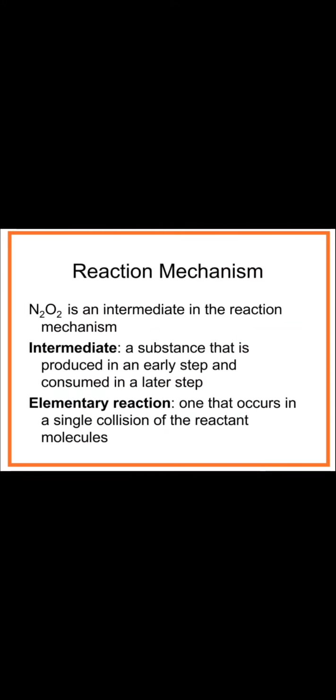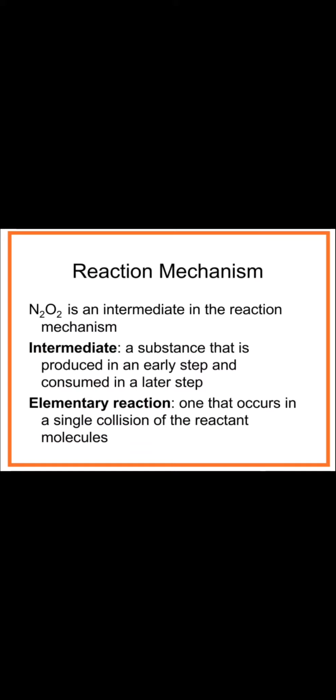Here in this mechanism, N2O2 is an intermediate, formed in one step and consumed in another step. An additional species, other than reactants or products, which is produced in the mechanism is called a reaction intermediate.